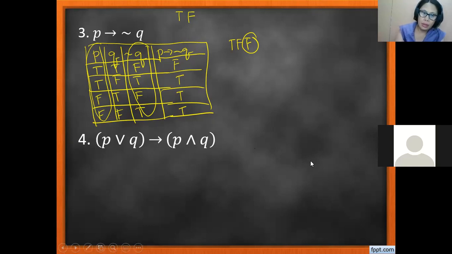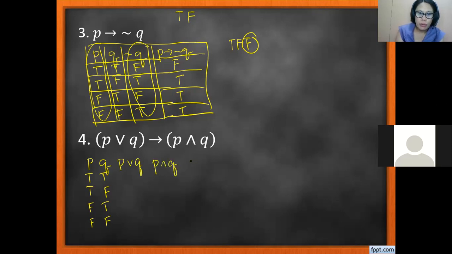Dito naman, so we have P and Q pa rin. PQ. So, we have true, true, false, false. And then true, false, true, false. Okay, so we need P or Q. And then we need P and Q before we come up with the final statement.